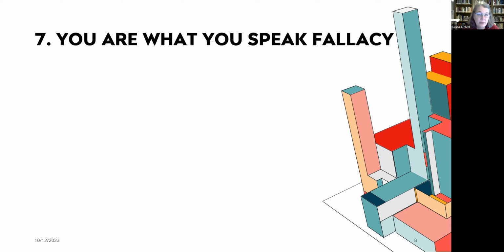That has been disproven. Now linguists believe that language can shape thinking, but also that thinking shapes language. And so the reason that language changes over time is that people need to begin to use language to talk about new things. And also people are creative and they want to find new ways to talk about new things or old things.